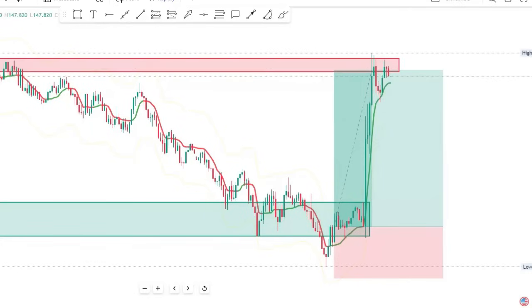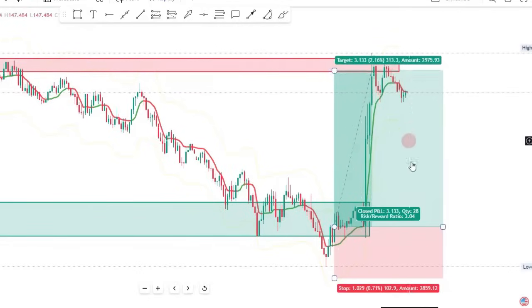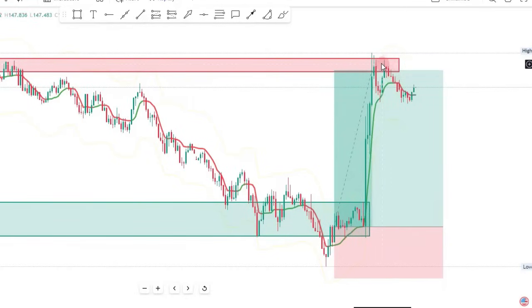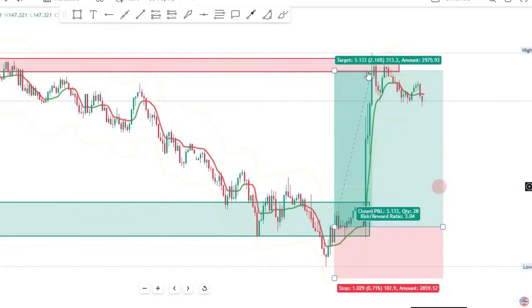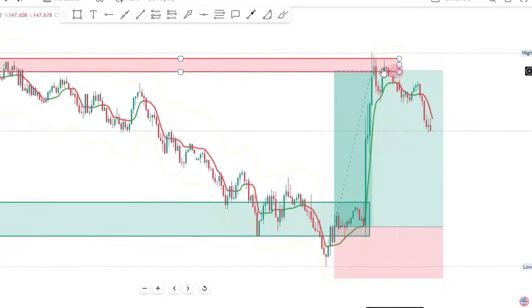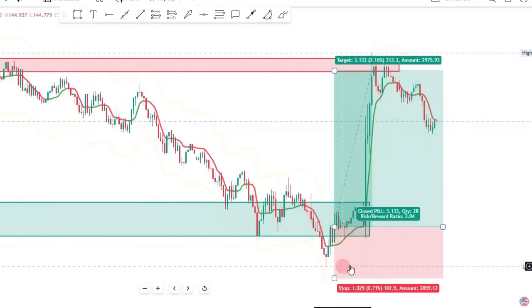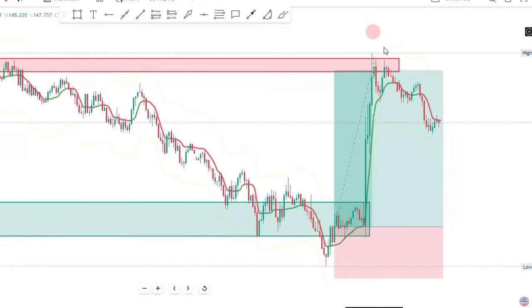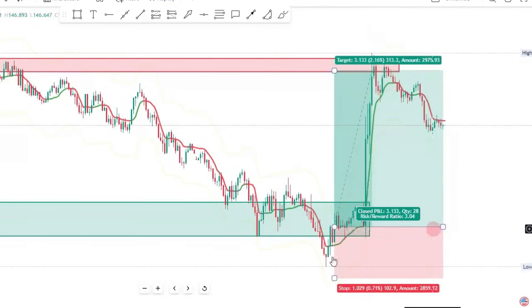Even though we have pulled back, we still have not changed as yet. There we have it. There's the change within the supply zone. You could have even decided that, listen, now that we're in the supply zone, we could have caught a little move down, right? You could have literally caught the move down because you're now in the supply zone, you're seeing the reaction. So you could have caught the move up and you could have caught the move come back down.